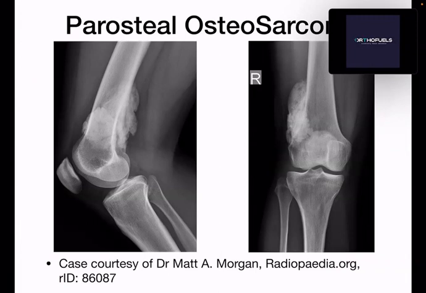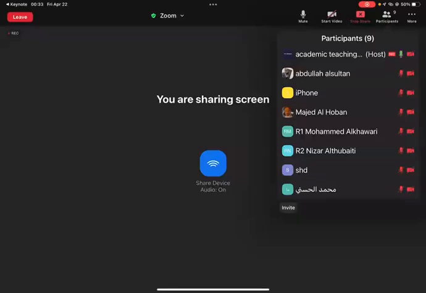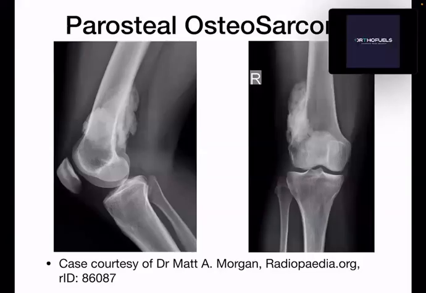Parosteal usually originates, for your exam purposes, whenever you think of parosteal, think distal femur, posterior knee. Just parosteal, distal femur, posterior knee, look for it right away. But for separating this and this, usually parosteal is adjacent, juxtacortical. It's not flush on the bone. How do you know that? There's something called the string sign.